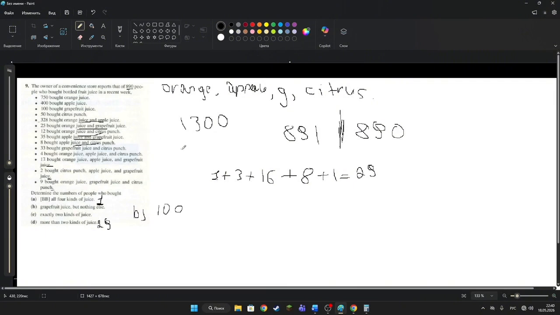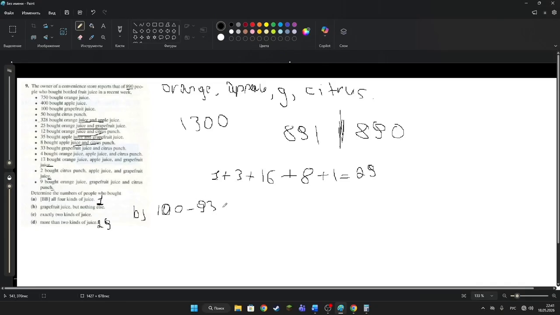So to calculate correctly, at first we take from this 93 people, it's all people who bought grapefruit juice with other juices.